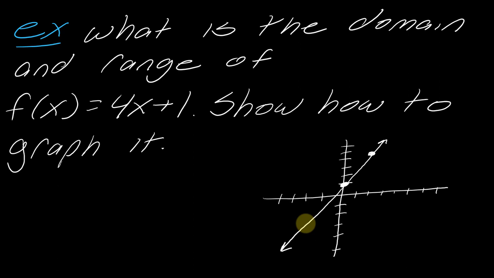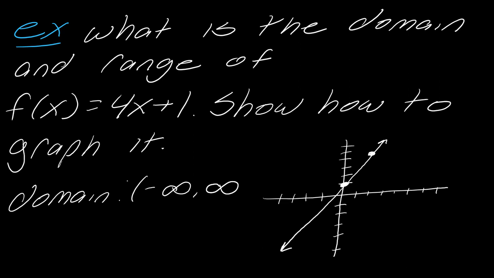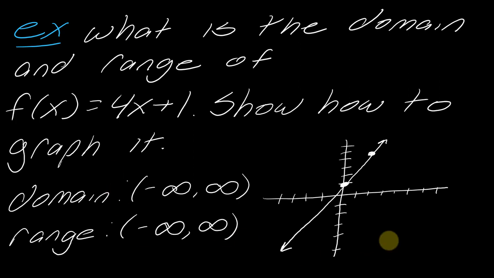This is actually true of all slanted lines: the domain and range is always the same. The domain is all real numbers, which we write as negative infinity to infinity in interval notation, and the range is the same thing. So all lines have this domain and range as long as they are slanted.